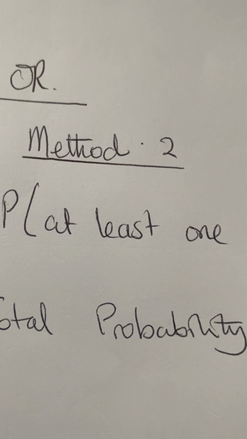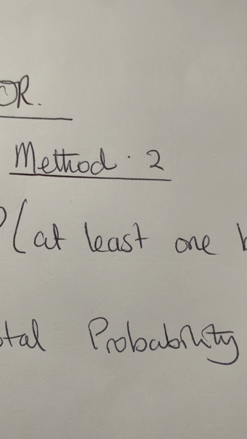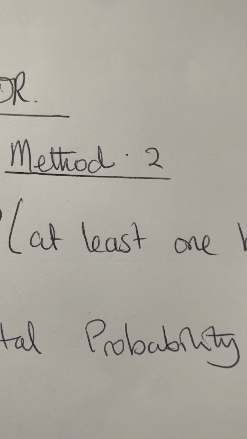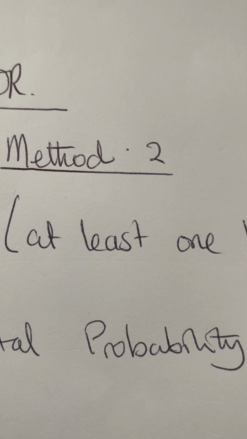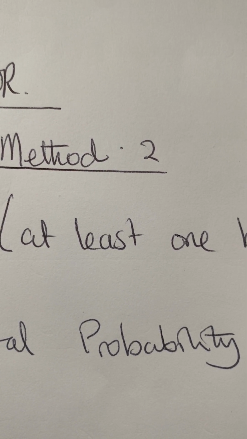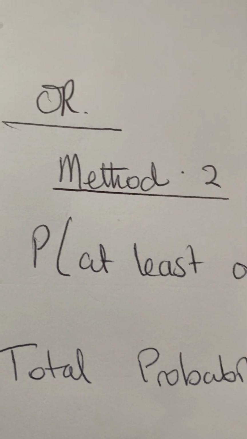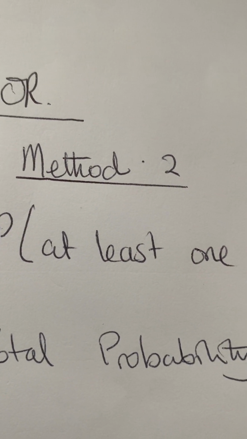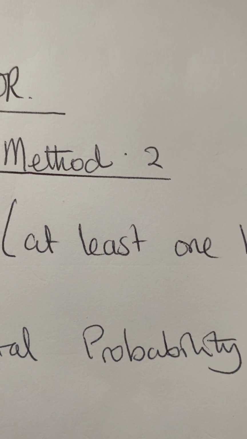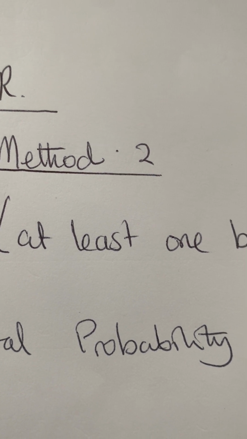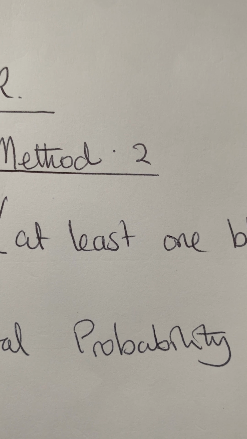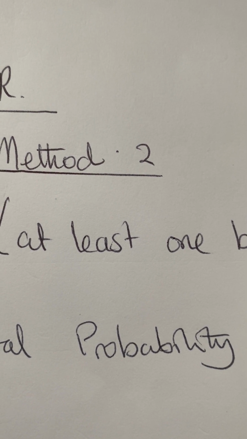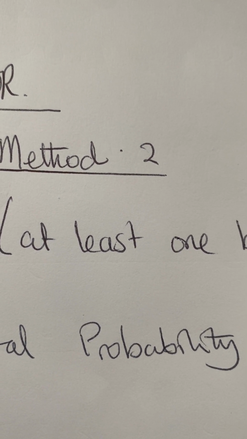Now, we all know from the videos we've done earlier that probabilities always add up to 1. So instead of picking at least one blue, the other option is that you end up picking no blue at all.